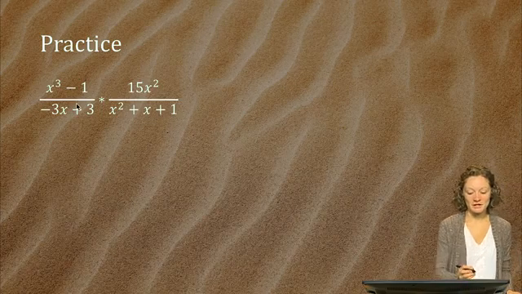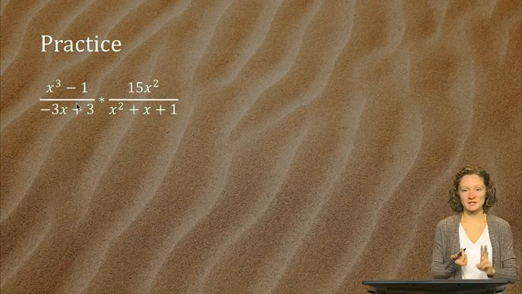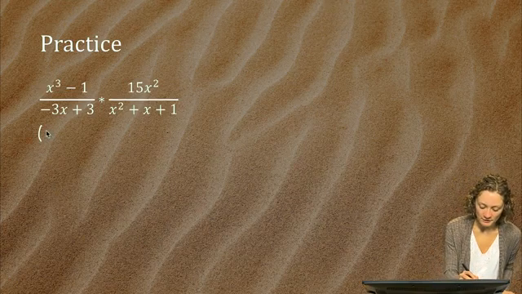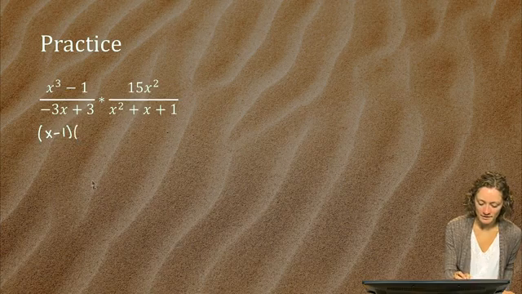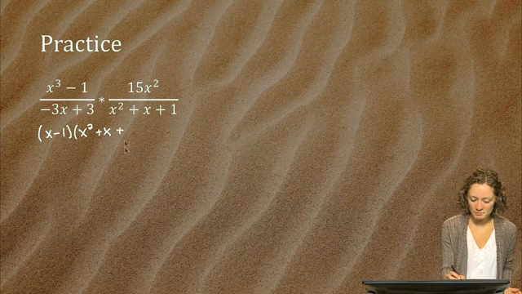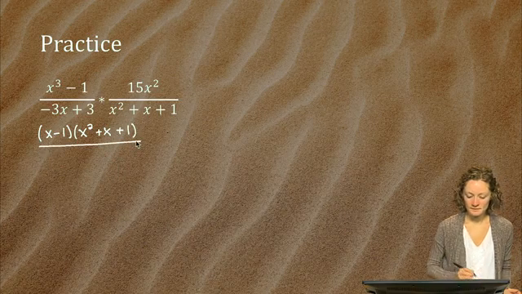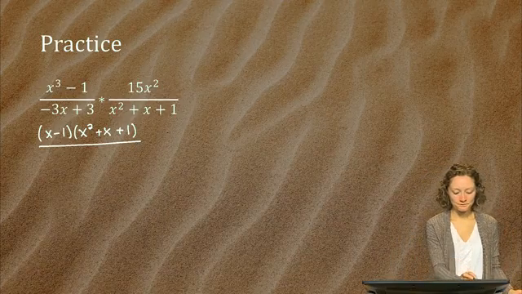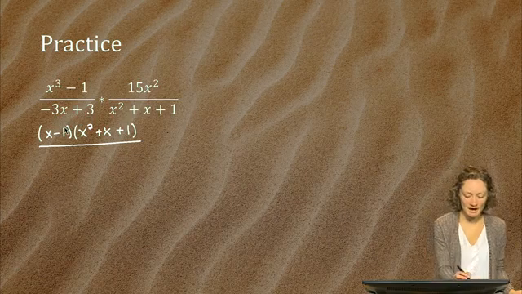So our first numerator, first there's no greatest common factor, but we can use difference of cubes here. So the first numerator factors 2x minus 1 times the quantity x squared plus 1 times x, which is just x, plus 1 squared, which is 1. Our first denominator has a 3 as a GCF.